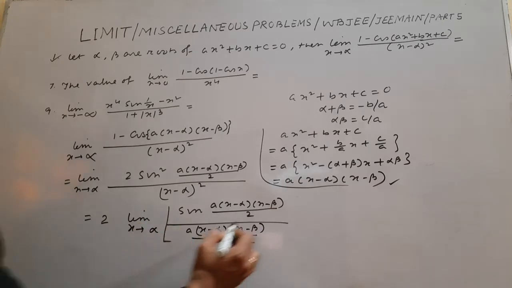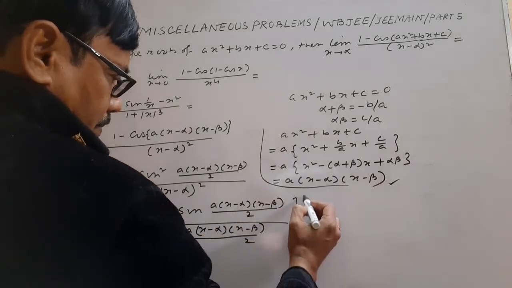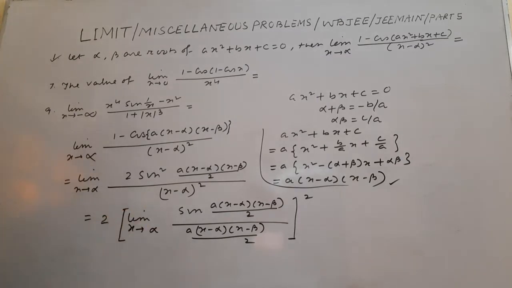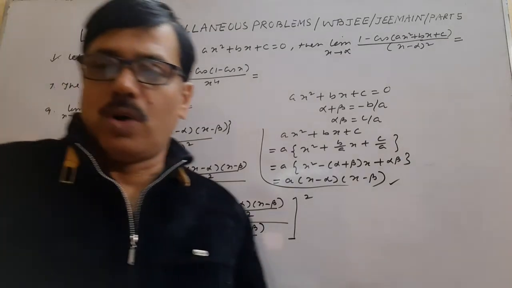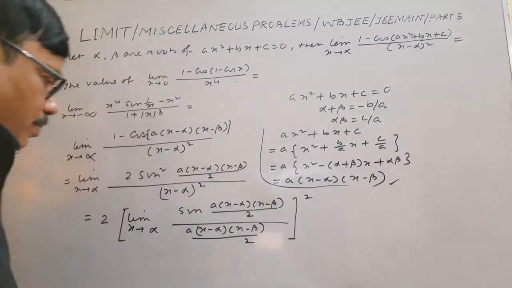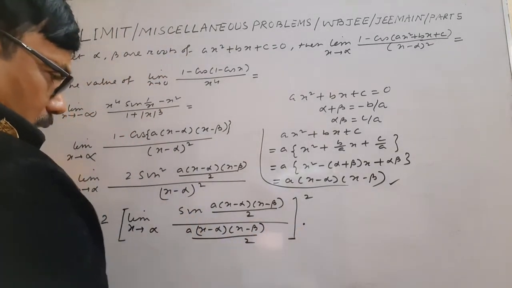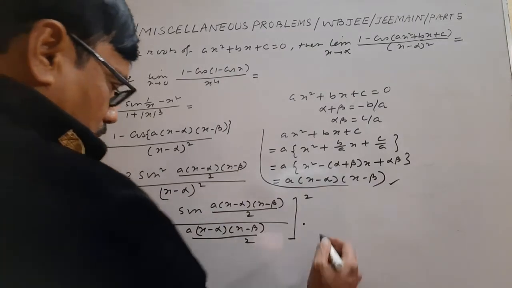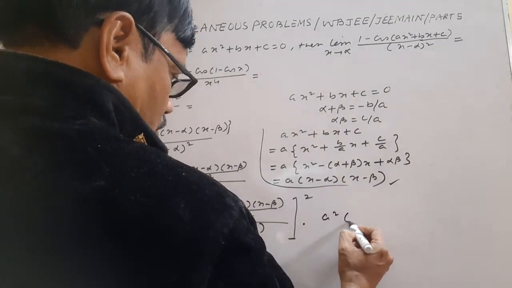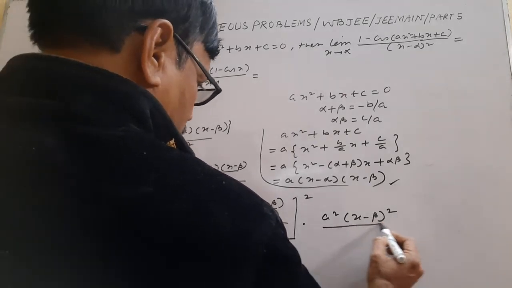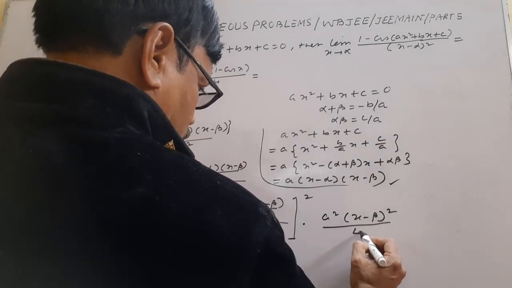Now take the whole square, the product of this. Now what do we have to balance? (x minus alpha) whole square. This is balanced, but here a square into (x minus beta) whole square by 2 square, that is 4.